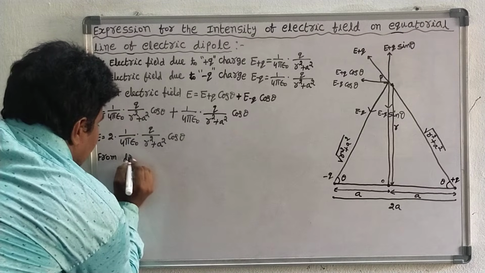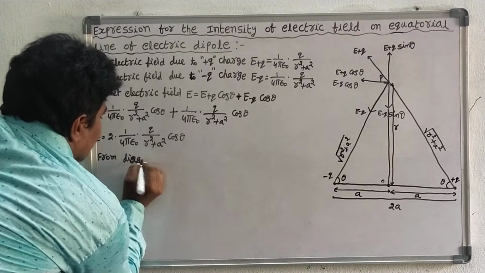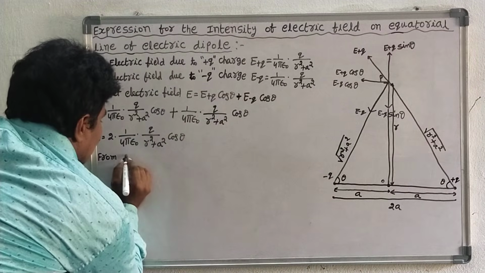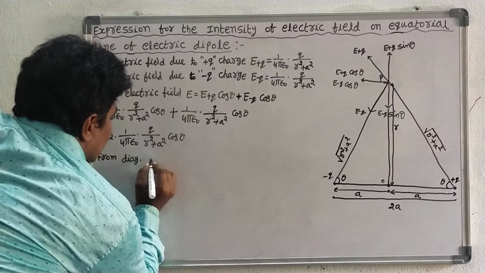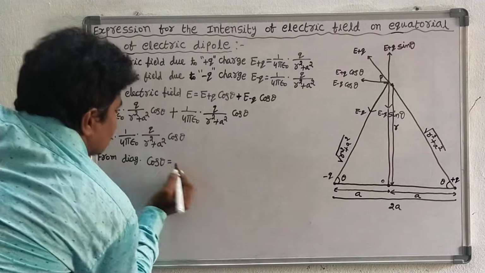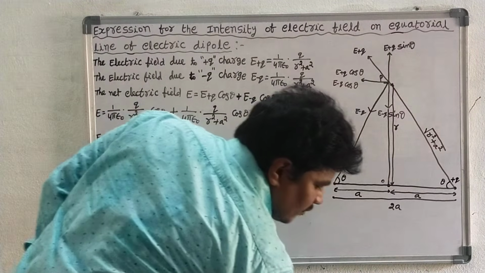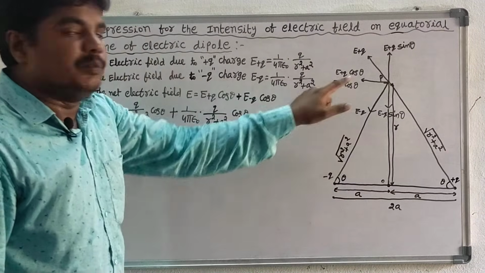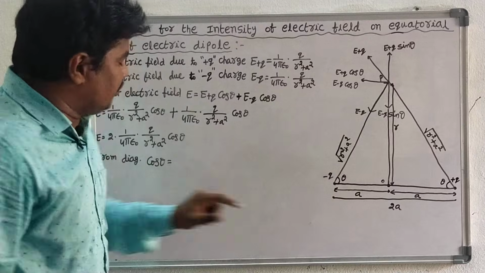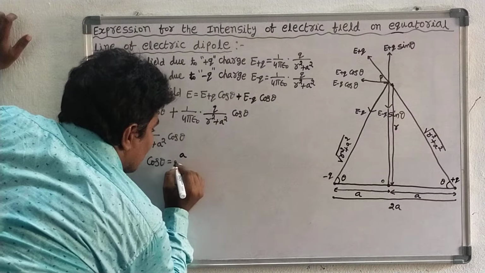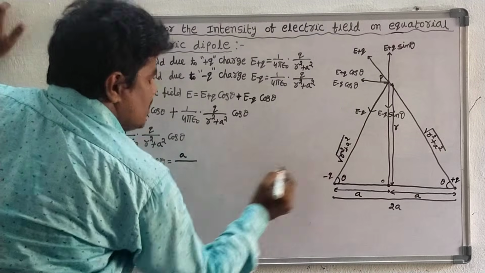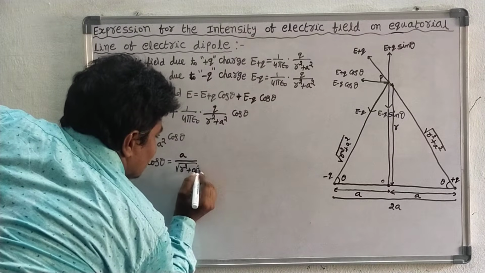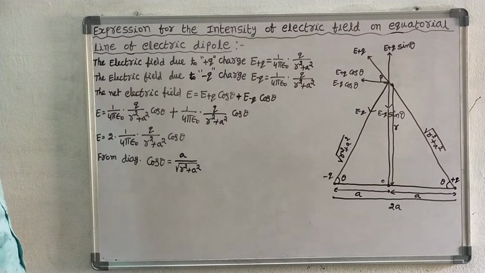From the diagram, cos theta is equal to, what is the formula of cos theta? Adjacent side by hypotenuse. Adjacent side means a by hypotenuse means root of r square plus a square.